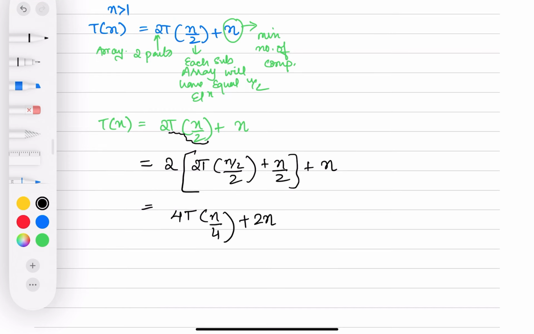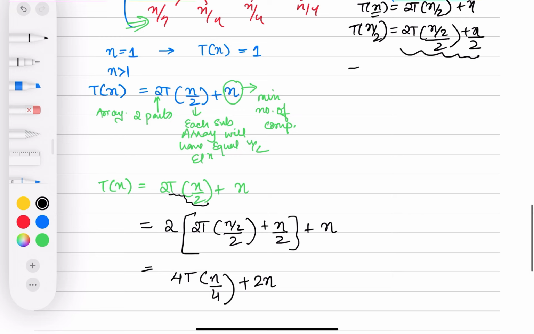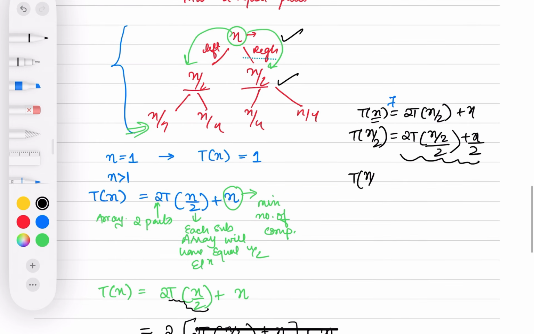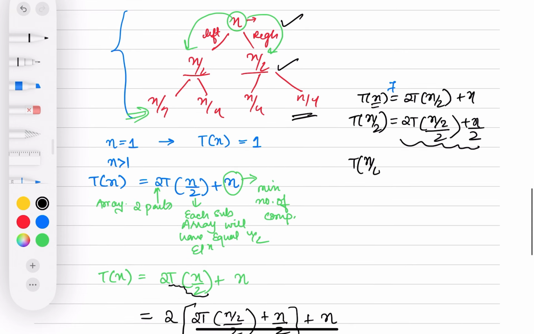Now, if I put the next element, what will it be? Are you understanding? We are done with this, now take this one. If you put n by 4 instead of n, you get 2T(n/4 by 2) plus n by 4.